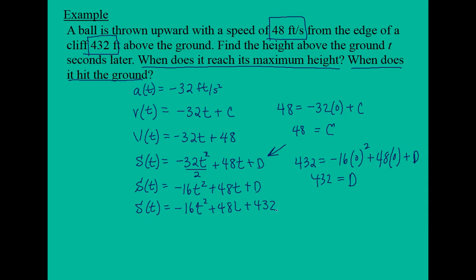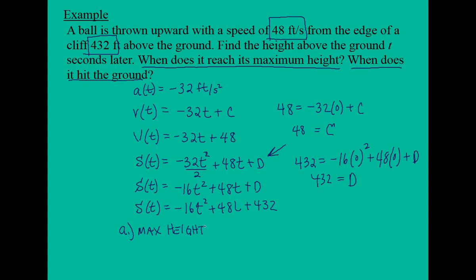And now we can answer our questions. When does it reach its maximum height? I'm going to call this part A. Maximum height would be found by setting the derivative, the velocity function, equal to 0.